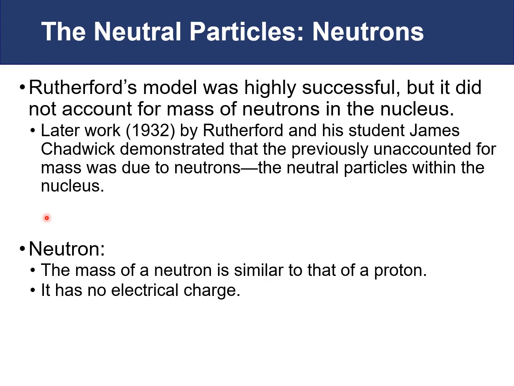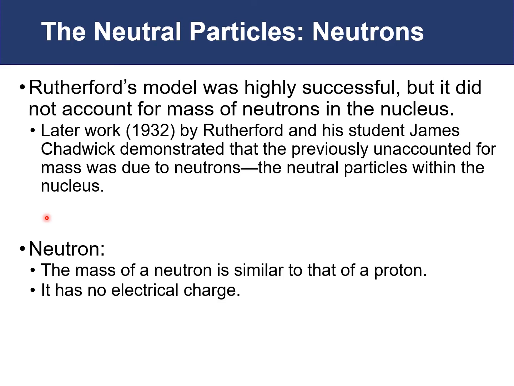Rutherford's model itself was highly successful. It explained a lot of the experimental observations, but it failed to explain how the masses of the various elements worked. For example, a helium atom does not weigh twice as much as a hydrogen atom does.